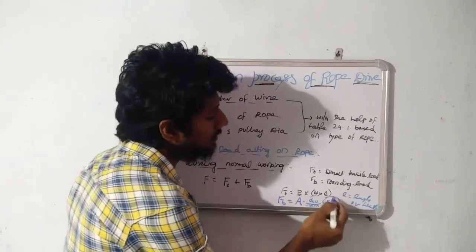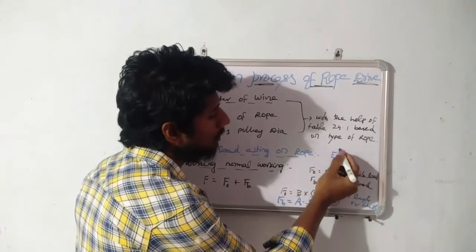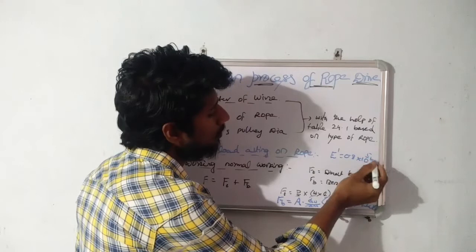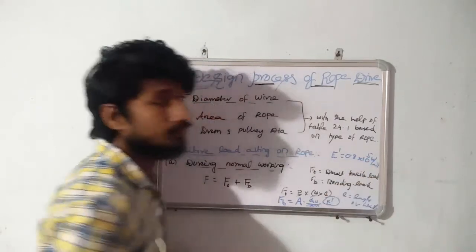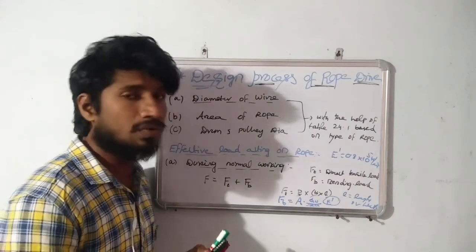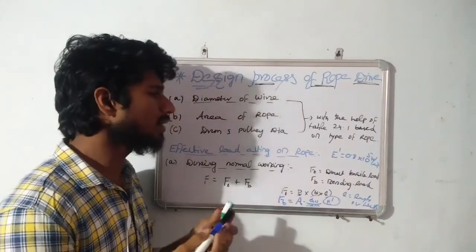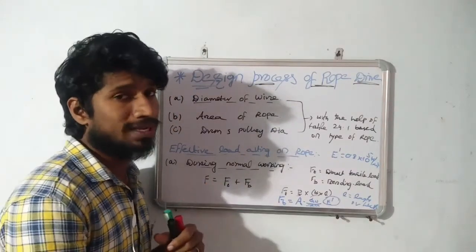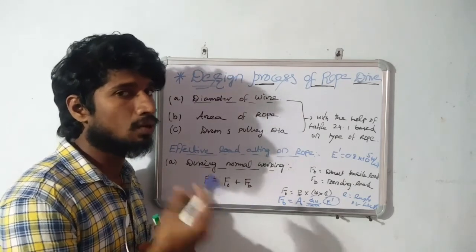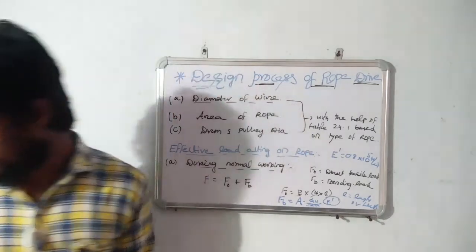That Ezi is the standard value here, equal to 0.8 into 10 to the power of 5 Newton per mm square. So this is about the load acting on the rope during normal working condition. And next we are going to find out the load during acceleration condition. So what is the load acting on the rope? Let's see that one.